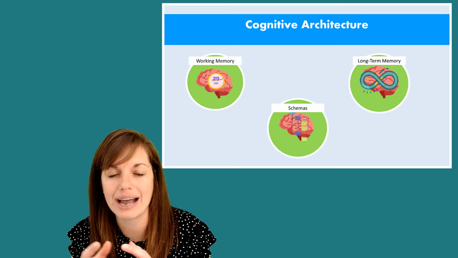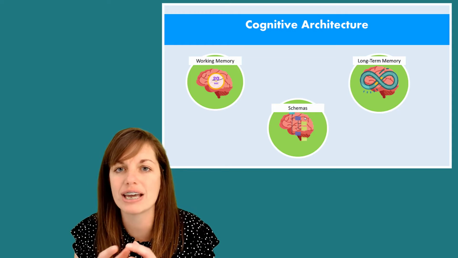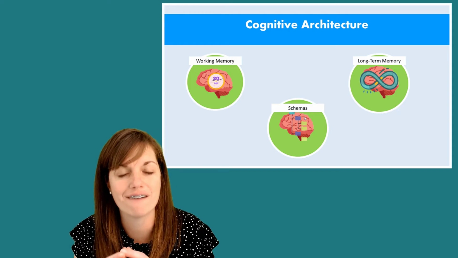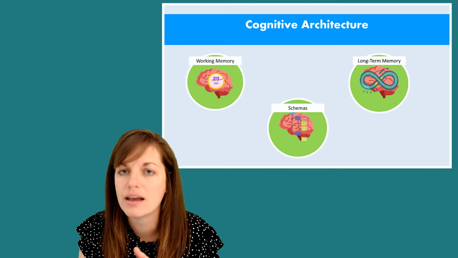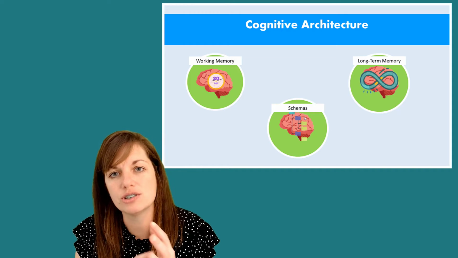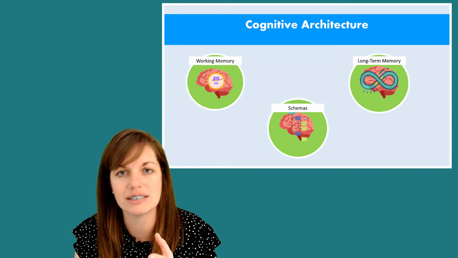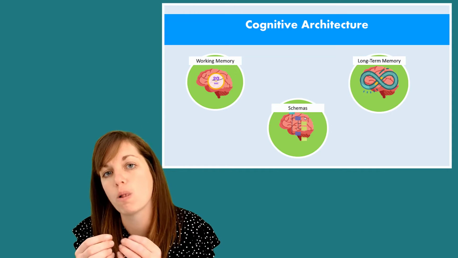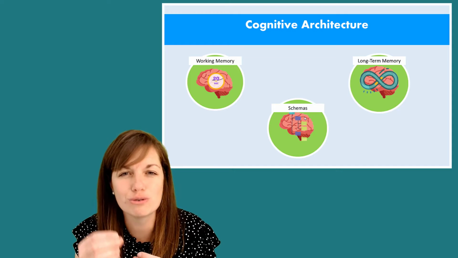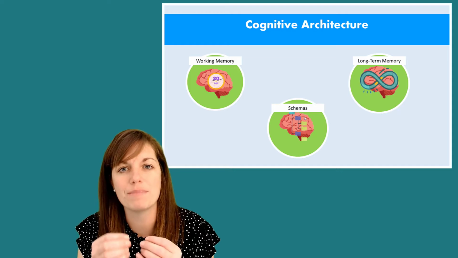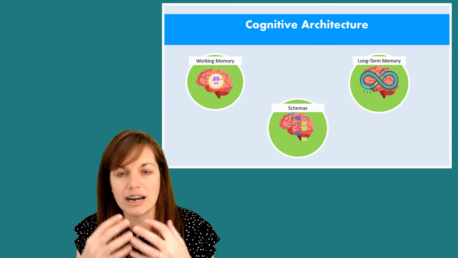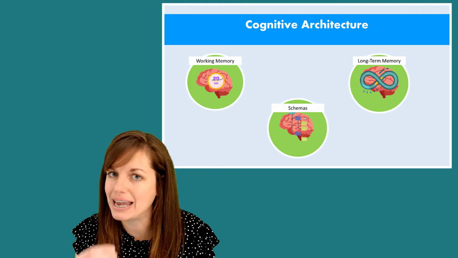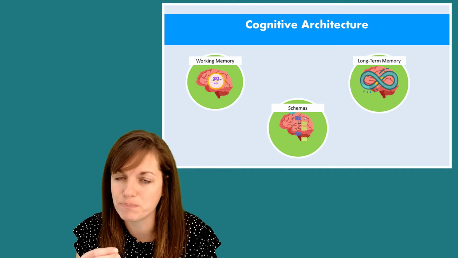Schemas are organized based off of previous knowledge that the learner may have about the topic. Once the information gets integrated into schemas, that's when it gets shifted over into long-term memory, which is usually when the learning becomes generated or sticks, making it click, as we say.